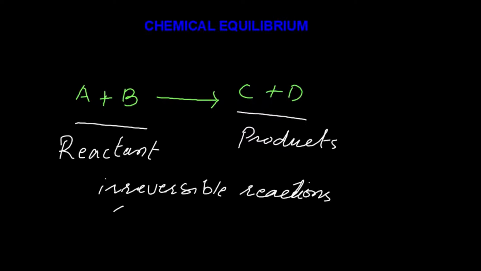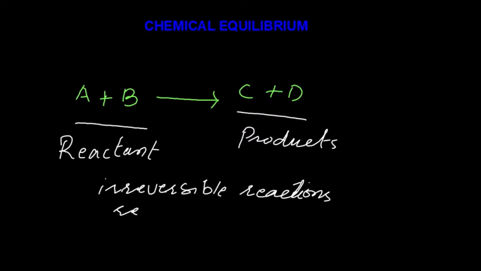On the other hand, there are some reactions which do not go to completion because the products which are formed during the course of the reaction recombine together to form reactants. Such reactions in which products recombine to form reactants are known as reversible reactions.